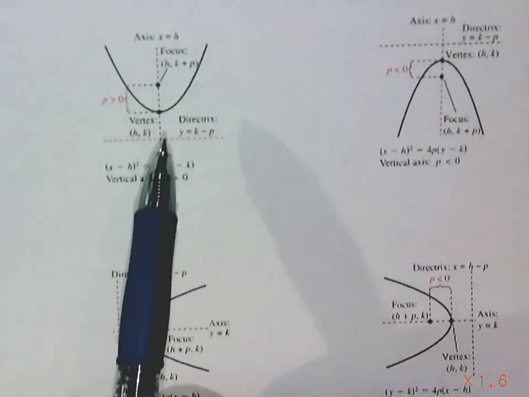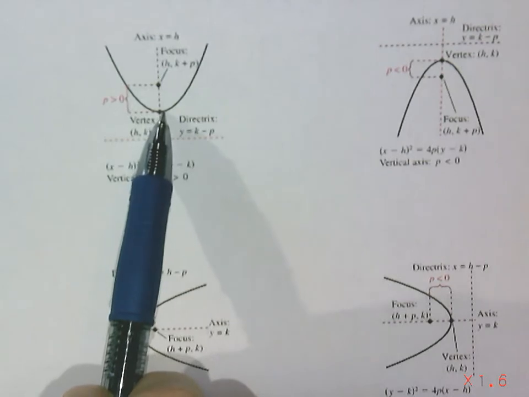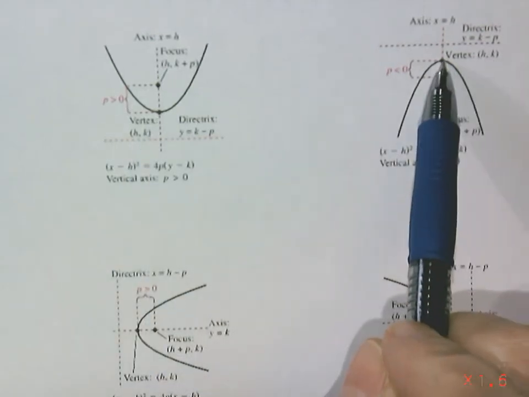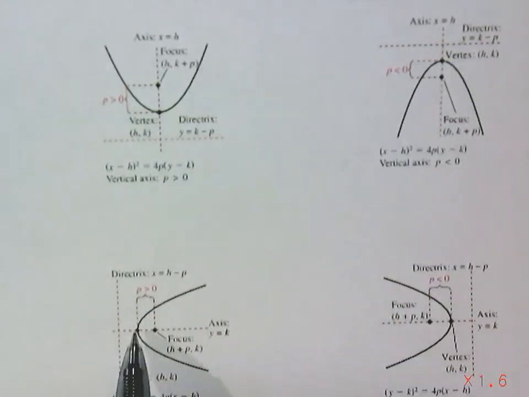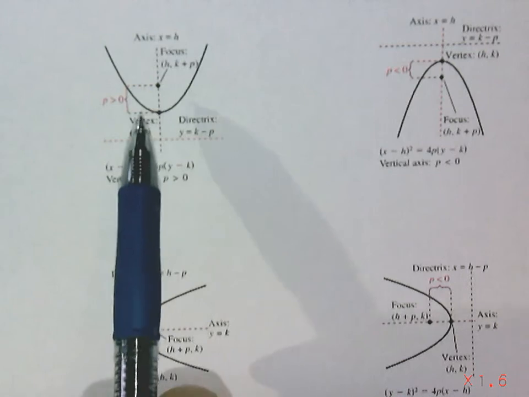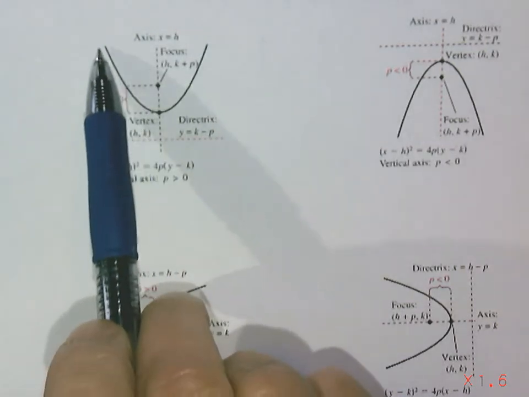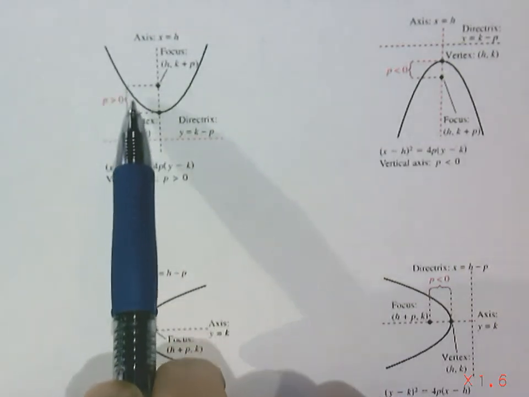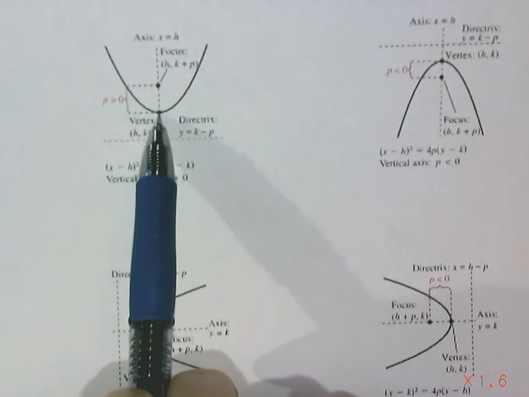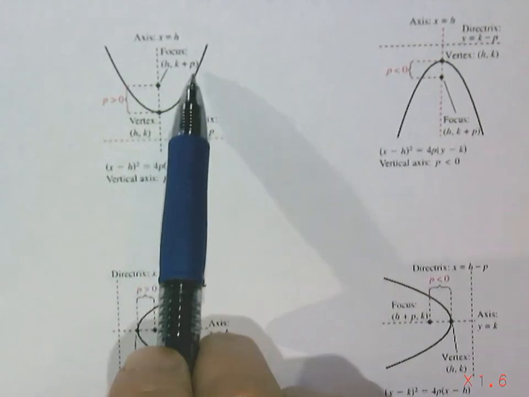In a parabola, the first thing we talk about is the vertex. The vertex is a point. In this case, it's this point here, this point here, this point here, and this point here. In this case, the function is decreasing, and then it gets to this point, and it changes to increasing.